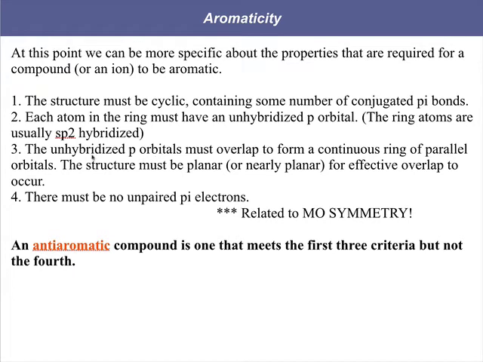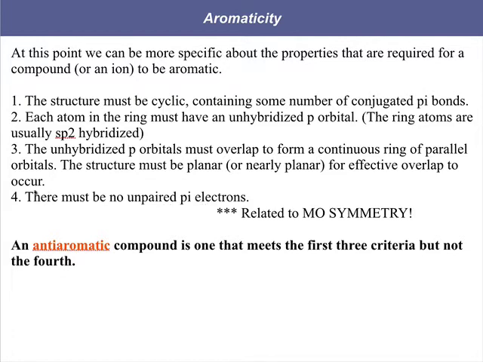The structure needs to be planar or very nearly planar for that overlap to be effective. I'll show you an example towards the end of the lecture where something would be hybridized this way, sp2, but then not planar. The fourth condition of aromaticity is what we've just seen in the previous diagrams, that there must be no unpaired pi electrons.